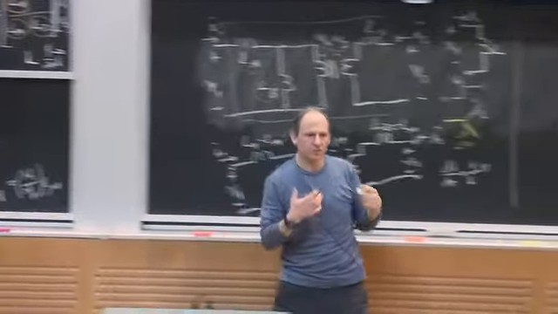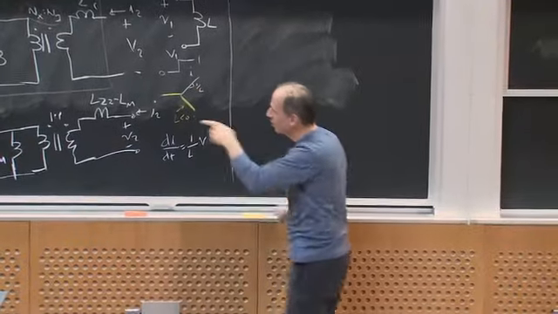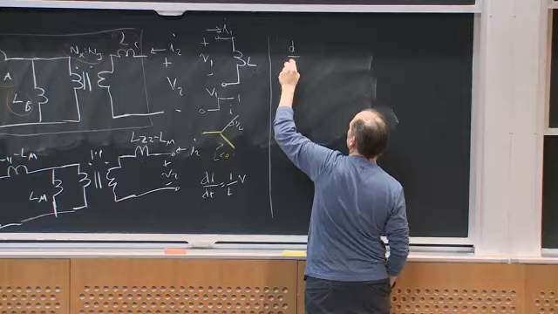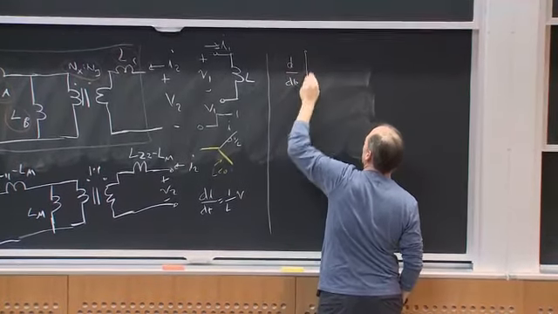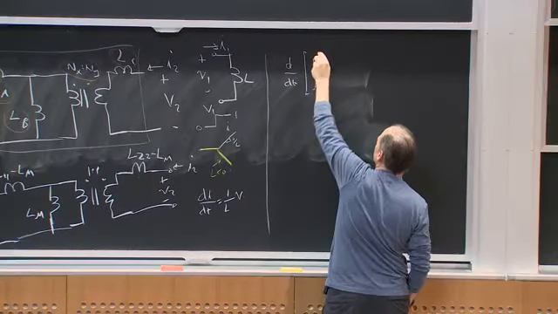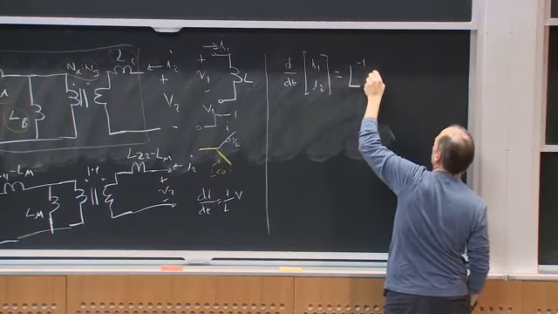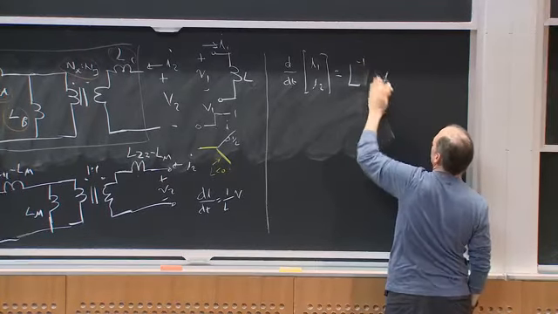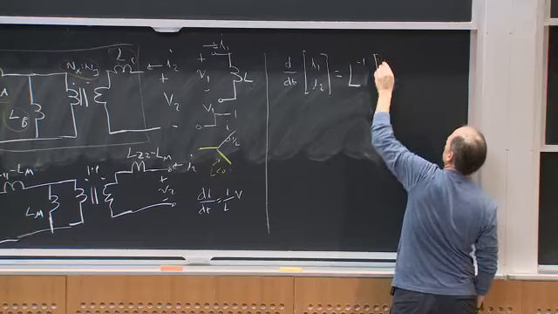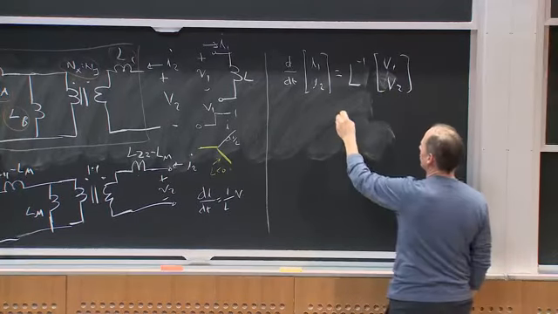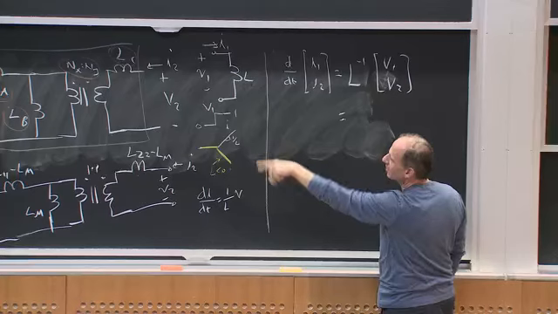I can do the same thing, and write that d/dt of I1 and I2 is equal to L inverse times the vector of voltages V1 and V2. And what does that look like? This is going to look like the inverse of that matrix.